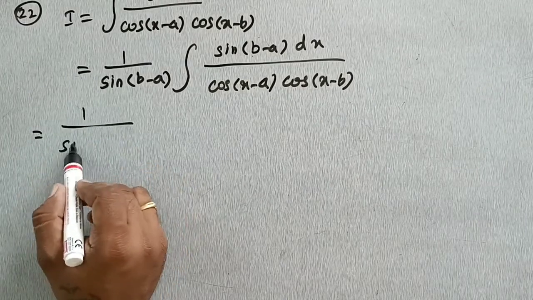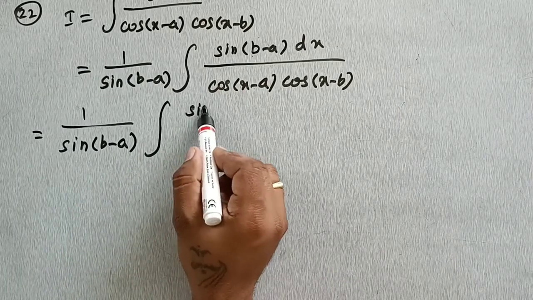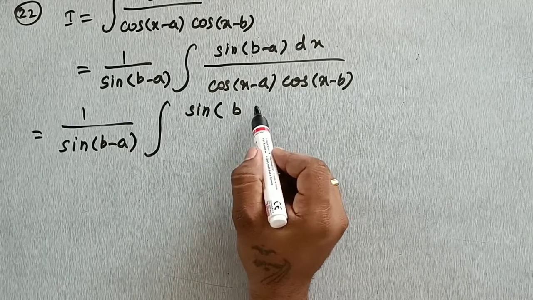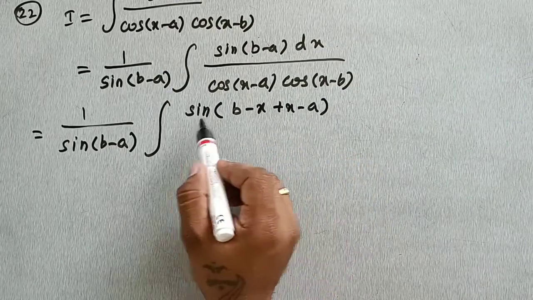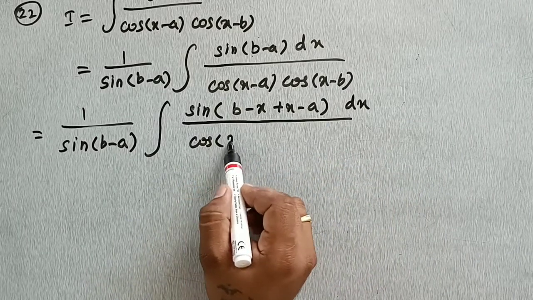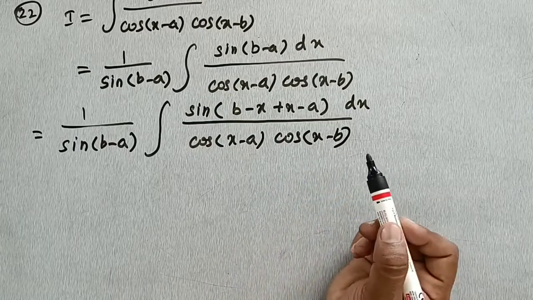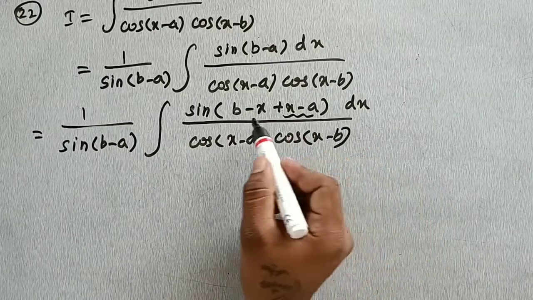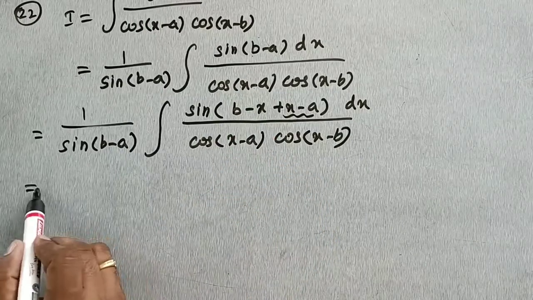So that will be 1 by sine of b minus a into the integral of sine of, I am going to add the x and subtract the x here, so b minus x plus x minus a, into dx divided by, the denominator as usual, cos of x minus a into cos of x minus b.